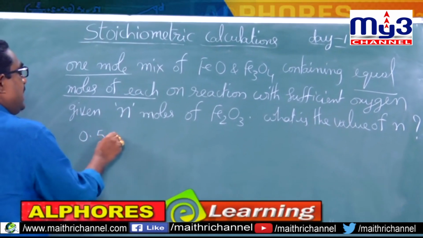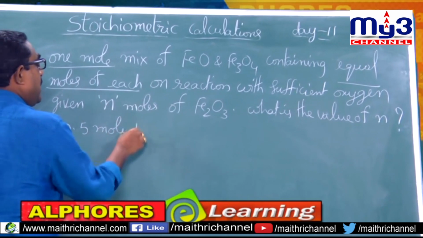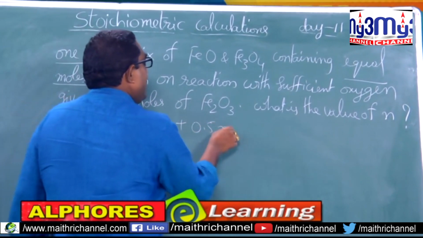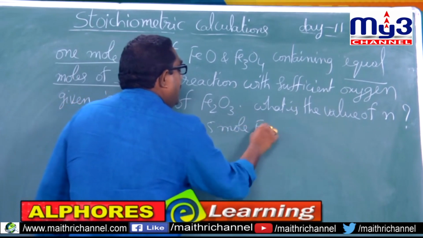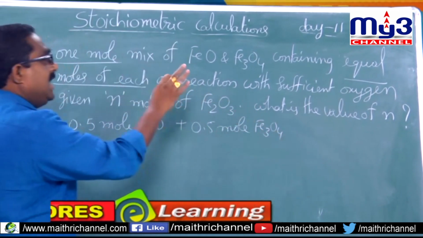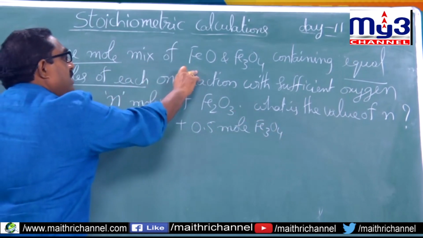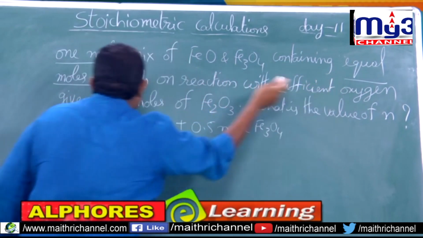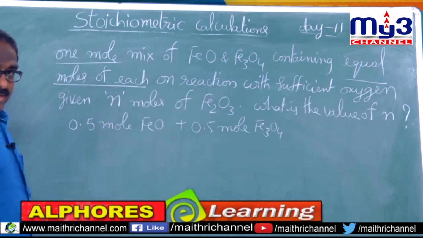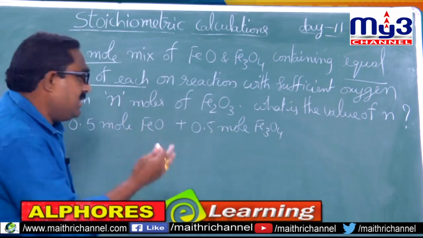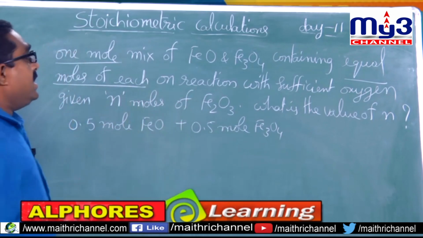So, based on the data, I can write 0.5 mole FeO plus 0.5 mole Fe3O4. This is the actual data given. Within 1 mole, equal moles means half of that and half of that. That is what I have written.